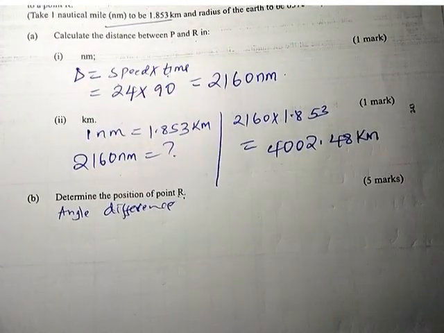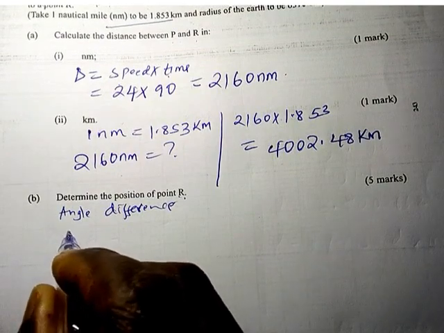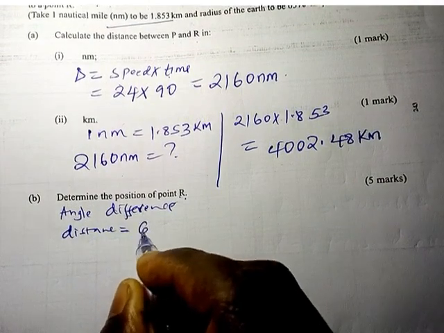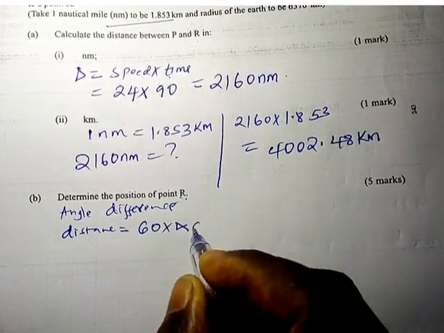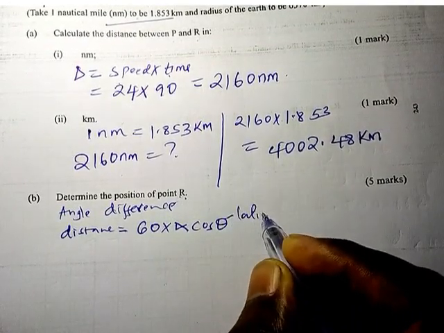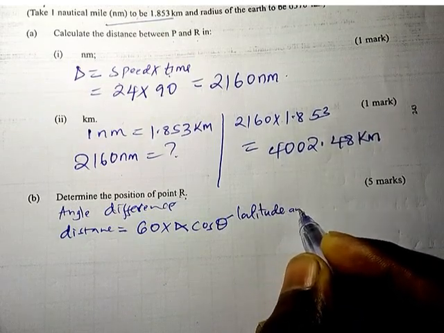So the distance of a small circle is given by 60 times angle difference alpha times cos theta. This is the latitude theta, the latitude angle.